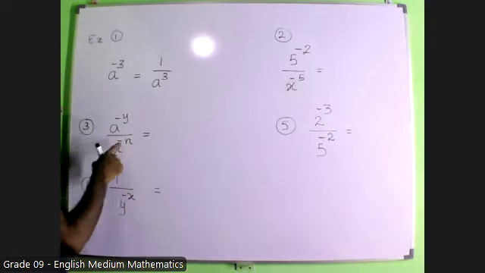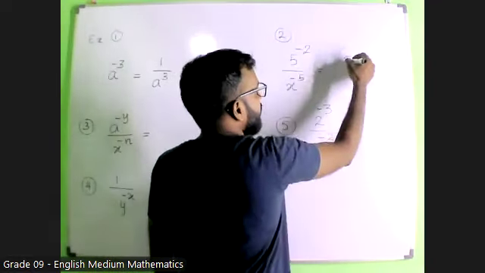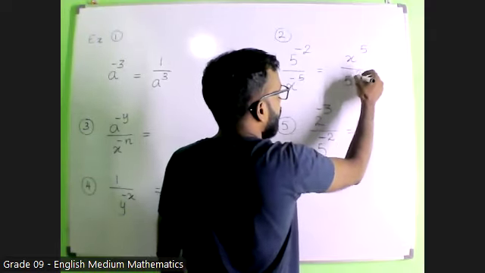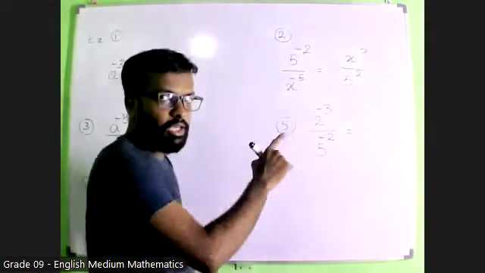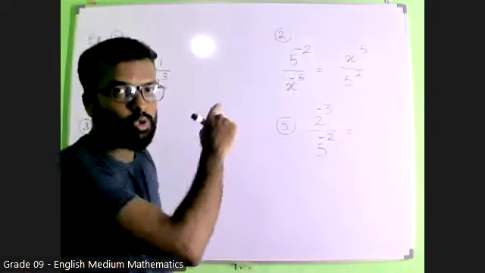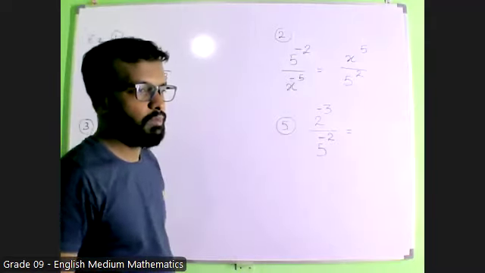Here, same thing. Get the reciprocal: x to the power 5, 5 to the power 2. Both negatives become positive. No need to put a positive sign, because positive is the default, right?